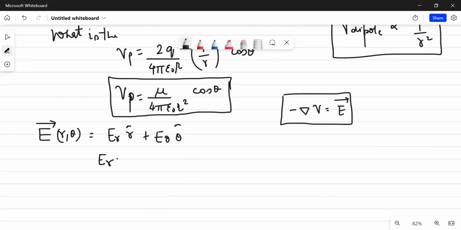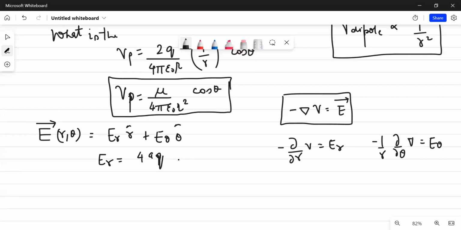The radial component would be minus del by del r of V, and minus 1 upon r del by del theta of V would give you the theta component. The radial component you'll get as 4aq cosine theta upon 4 pi epsilon naught r cube. This is your radial component, and this is your theta component.